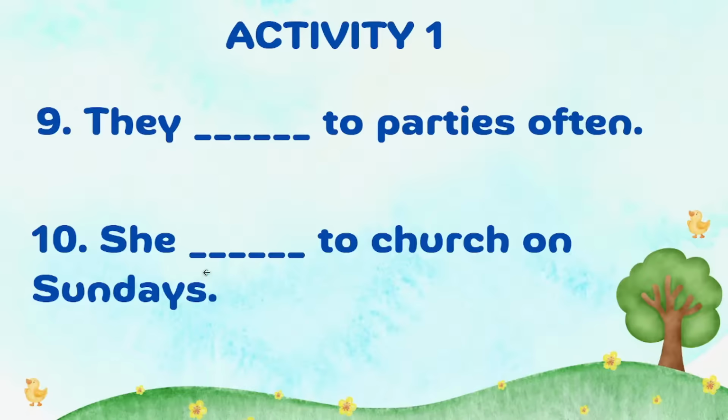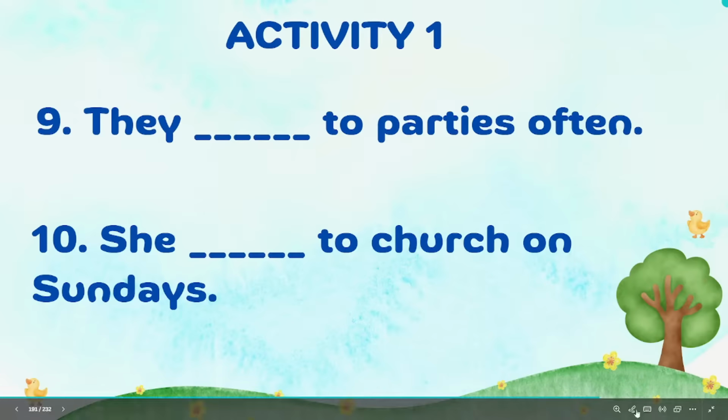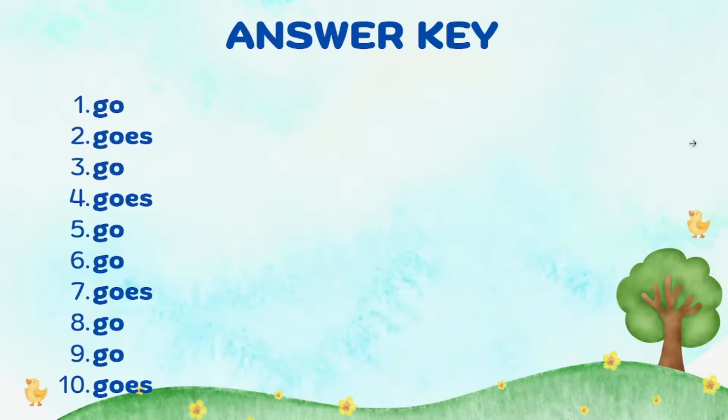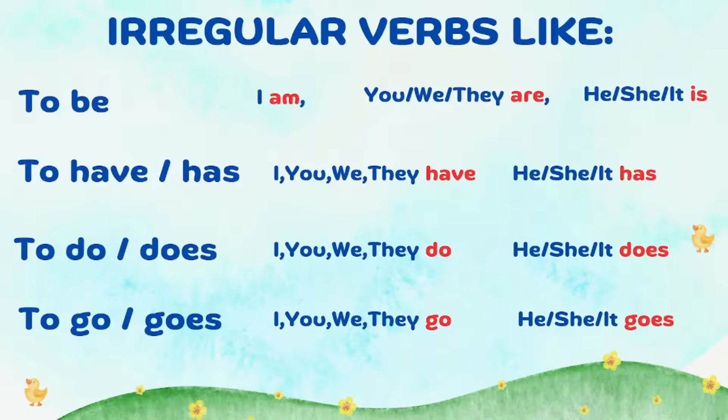Okay? So, that is how you are going to use an irregular verb to go. Okay? There you go. You have your answer key. Okay, this is now the summary for better understanding. We have here irregular verbs like to be, to have, to do, and to go.